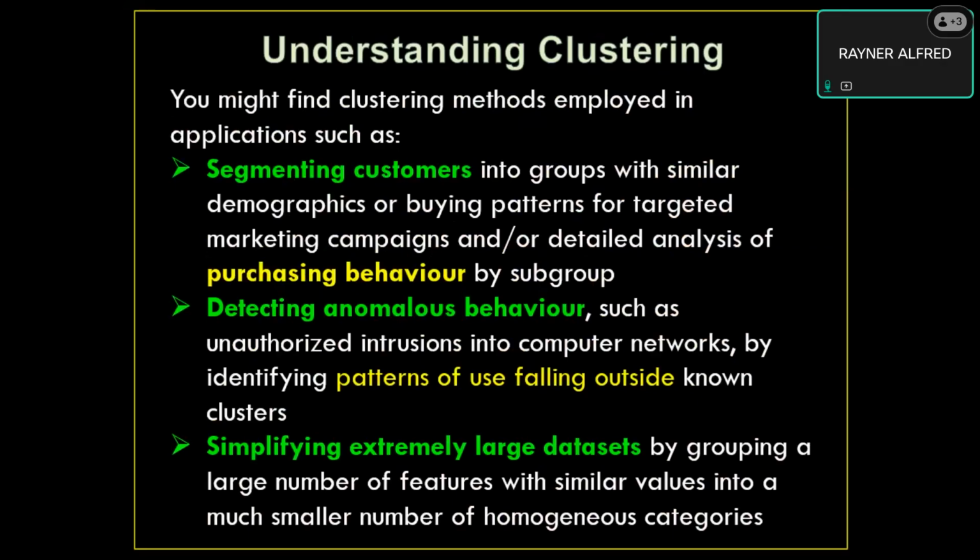And the last one is simplifying extremely large data sets. For instance, last time I mentioned discretization, right? If you have 100 marks, you will have whole numbers from 1 to 100. But if you put them in grades, you will have A, B, C, D. So from 100 different values to 5 only.